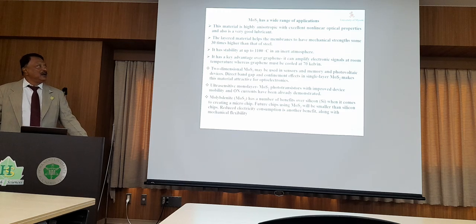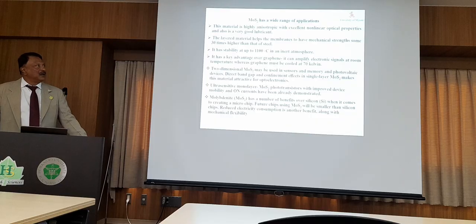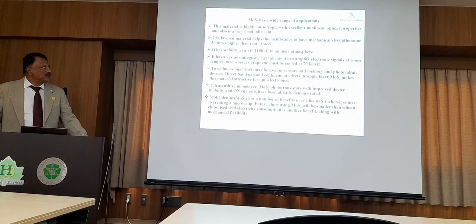It has stability up to 1100 degrees centigrade in an inert atmosphere. It has a key advantage over graphene: it can amplify electronic signals at room temperature, whereas graphene must be cooled to 70 Kelvin. And two-dimensional metal oxide sulfides may be used in sensors, memory, and even photovoltaic devices.